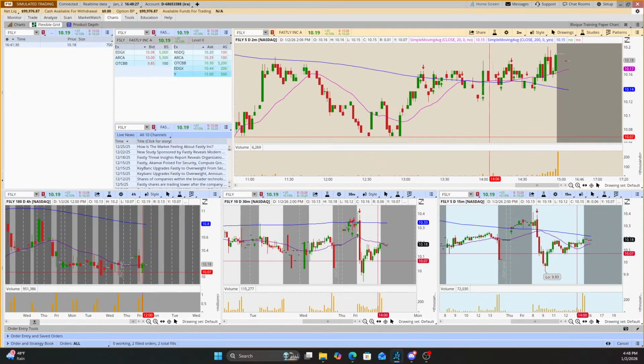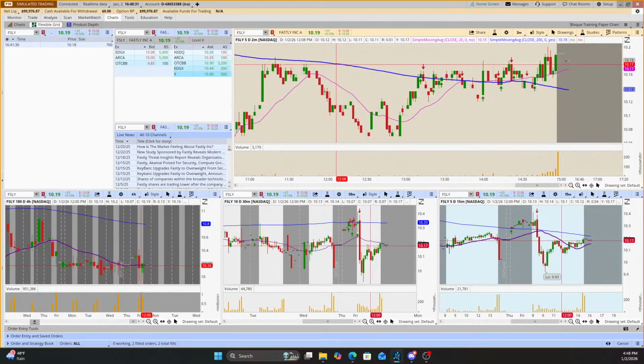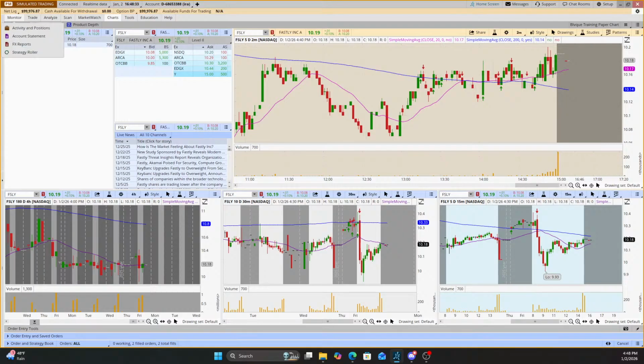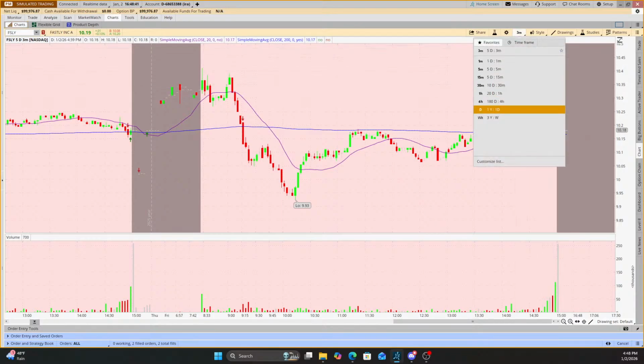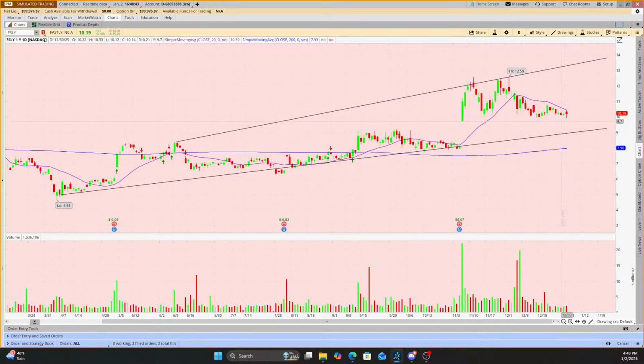Monday. Let's look at the day chart. Okay, since it's saying that it's going down, the trend is going down right now.